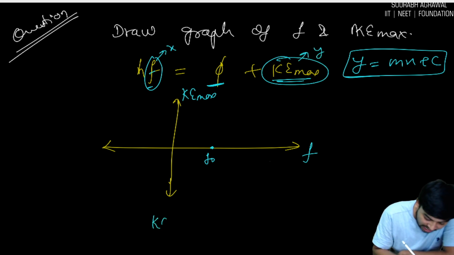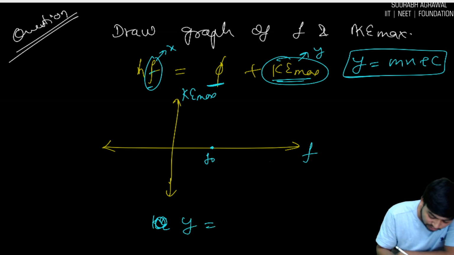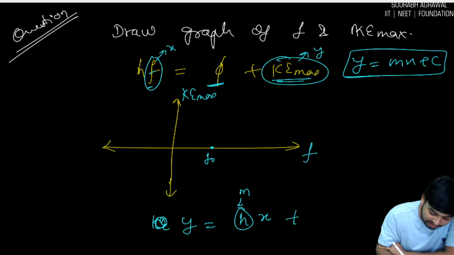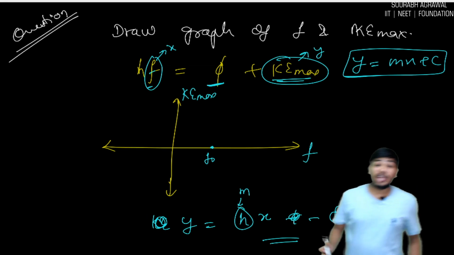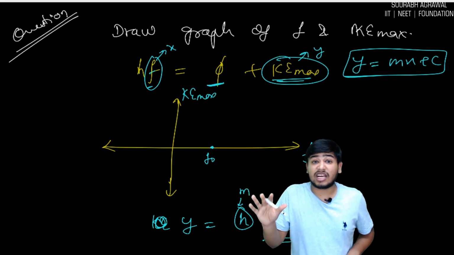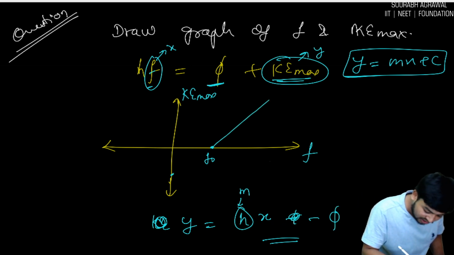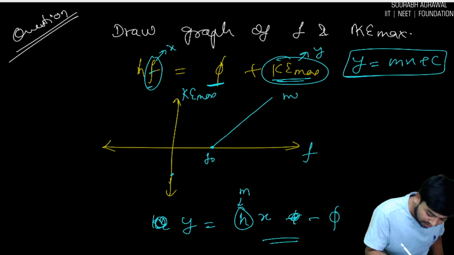So kinetic energy maximum, that means y is equal to hf minus phi. h is your m, f is your x, and minus phi is your c. Are you getting my point? That means your c is negative, so the graph will intersect on the negative side. So this will be your graph for some metal.